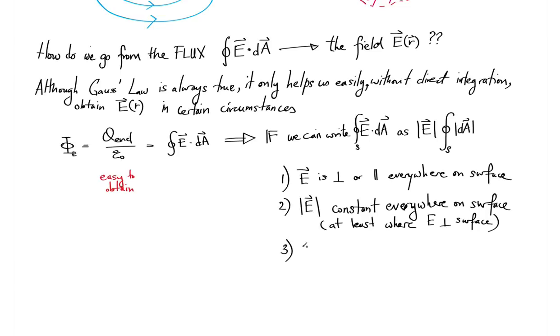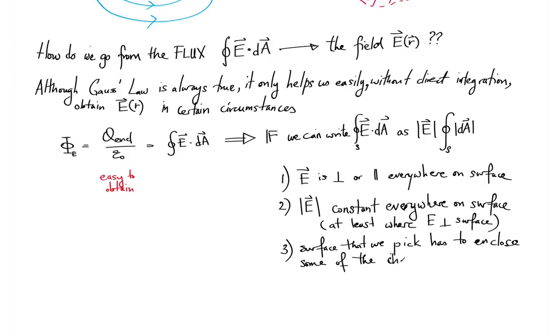And three, the surface that we pick has to enclose some part of the charge distribution, right? That sounds kind of obvious.